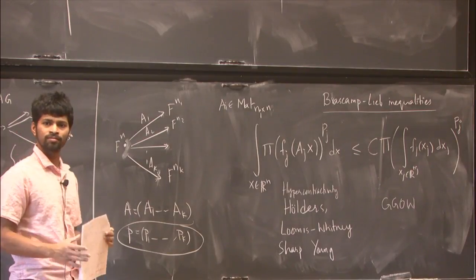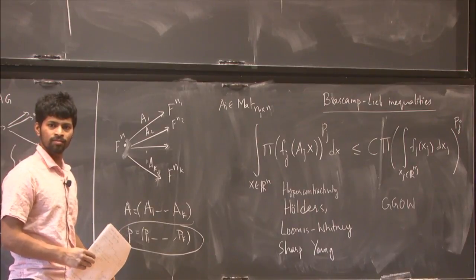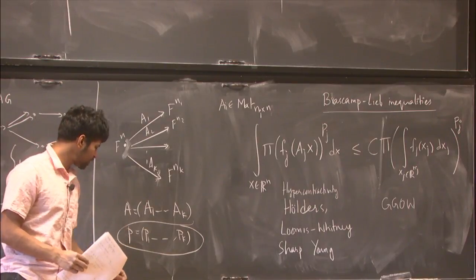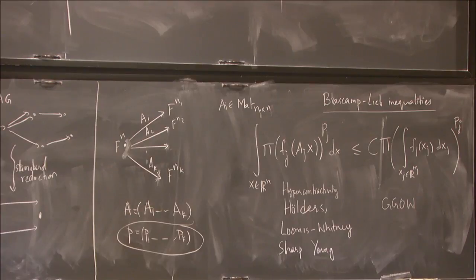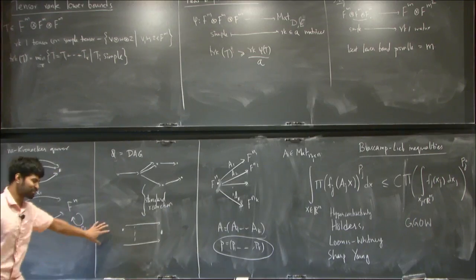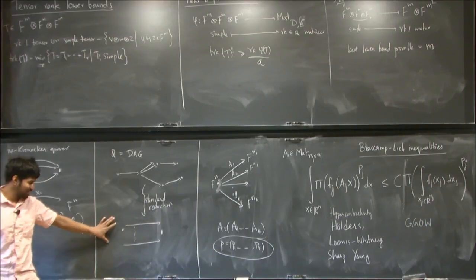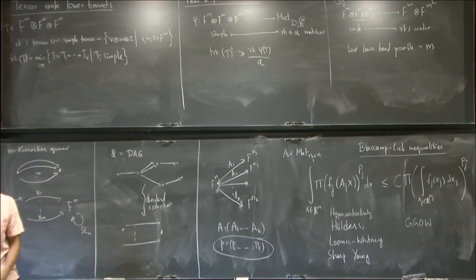And are the Brascamp-Lieb inequalities associated with more general quivers? I don't know how to write one down. I have tried to write one down for more general quivers. I might as well start with this Kronecker quiver. I tried to write it down and it doesn't work for that example, because you have these three things that are outside the null cone, but the image of each one of them is a two-dimensional plane.